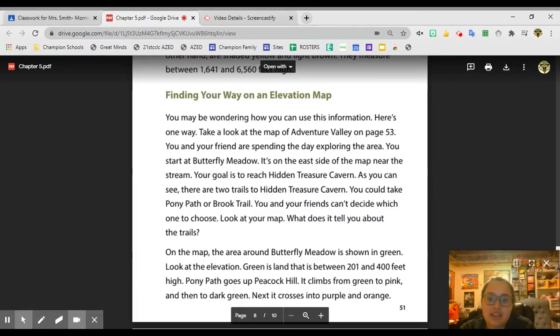As you can see, there are two trails to Hidden Treasure Cavern. You could take Pony Path or Brook Trail. You and your friends can't decide which one to choose. Look at your map. What does it tell you about the trails?